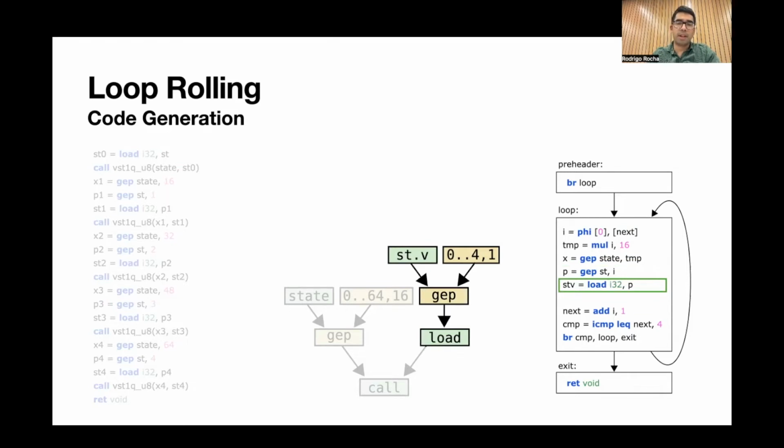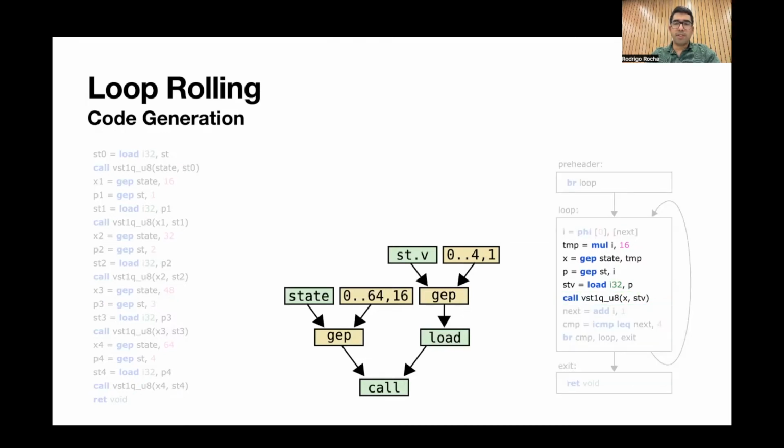Now that we have both operands of the call instruction inside the loop, we can also create the call instruction inside the loop. These 5 instructions represent the code generated for this alignment graph. And this is the whole code of the rolled loop.